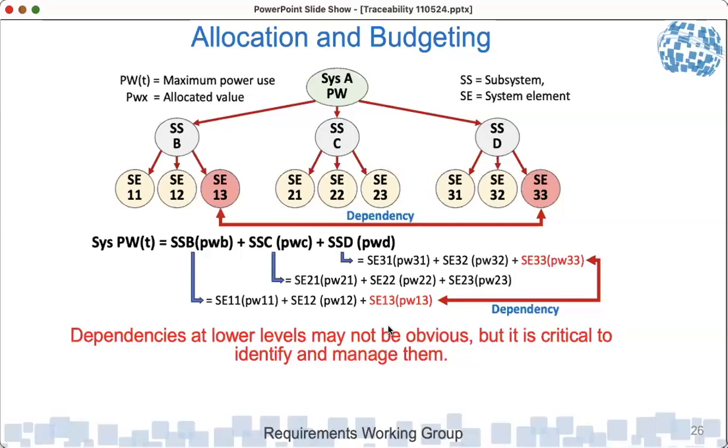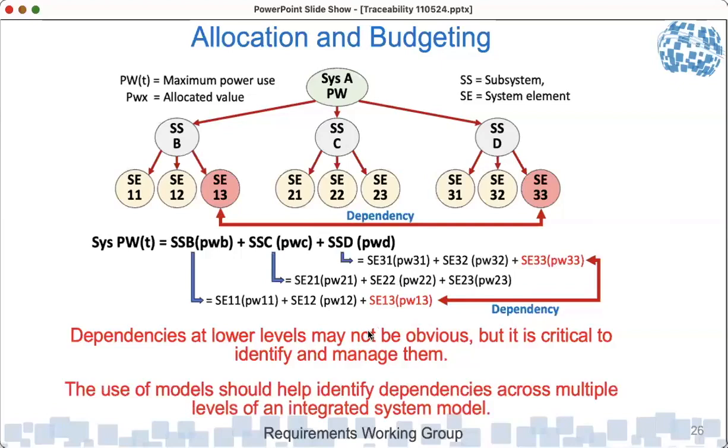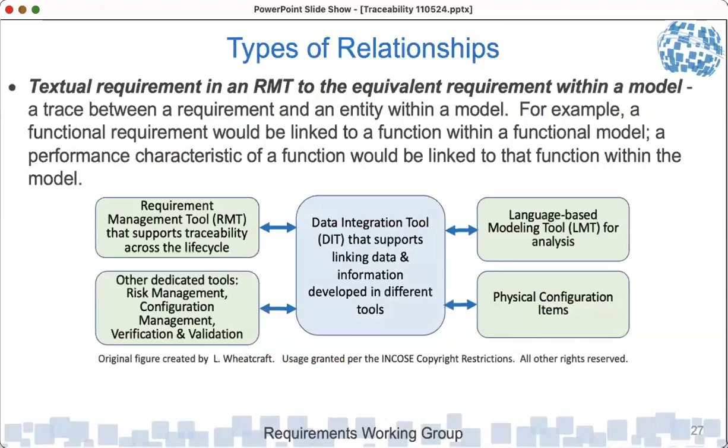So this may not be obvious. That's one of the key things about the use of modeling, to help identify these kinds of dependencies across multiple levels of the integrated system model. And then we want to capture these dependencies through traceability. Another type of relationship: typically a project has multiple tools, and you can have similar data in different tools.